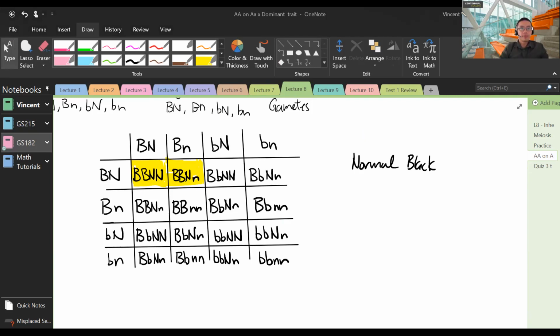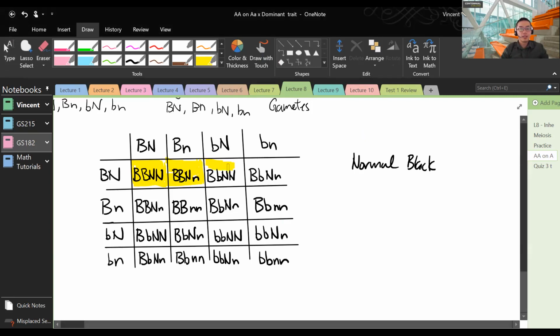Only two, really? This one's almost not all. This one is also normal black, right? Maybe more than 4. Yeah, this one's also normal black. Basically anything that has a big B and a big N is normal black.